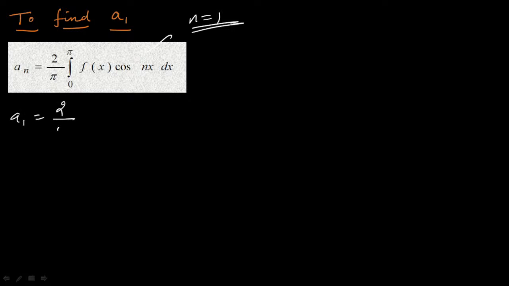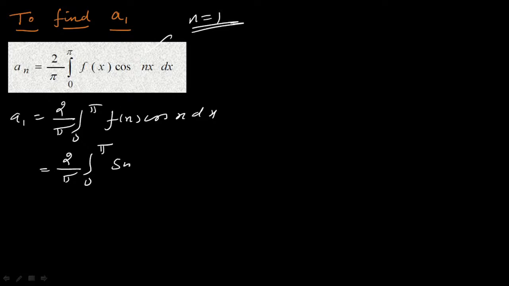a1 is nothing but 2 by pi into integral 0 to pi f of x cos x dx, isn't it? That is equal to 2 by pi into integral 0 to pi, absolute sin x, that is nothing but sin x itself, cos x dx. You know the formula, sin 2a is equal to 2 sin a cos a, isn't it? So instead of 2 sin a cos a, you have only sin a cos a.